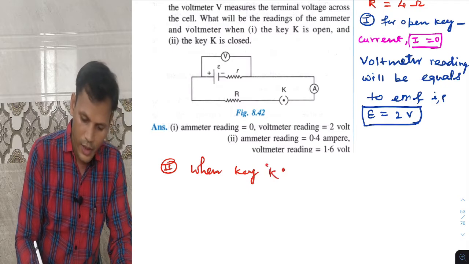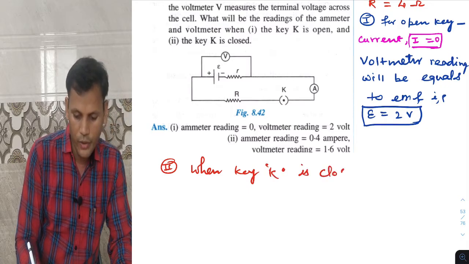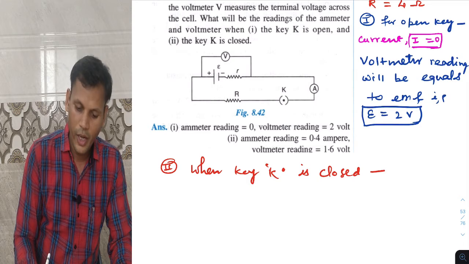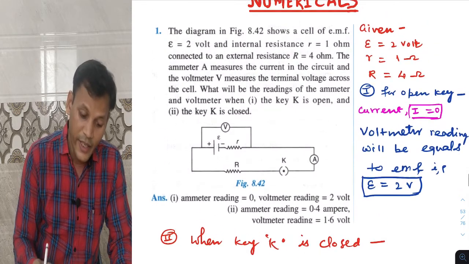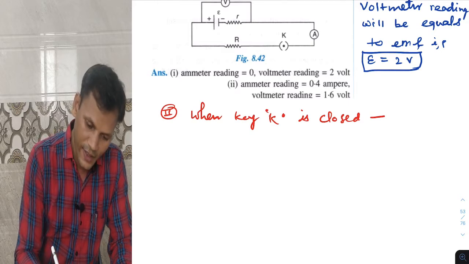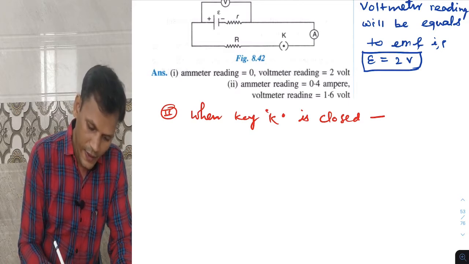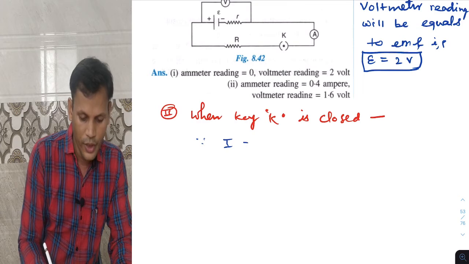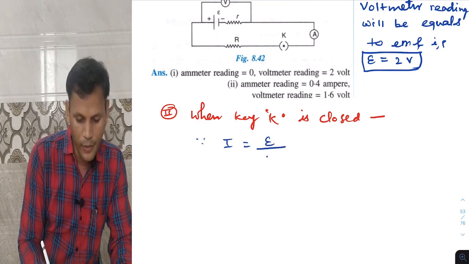First of all, the ammeter reading means the total current. We know the current I is equal to E by R plus r.